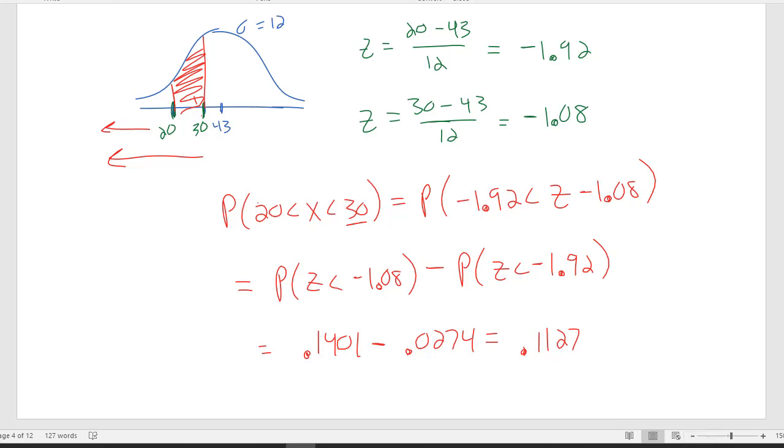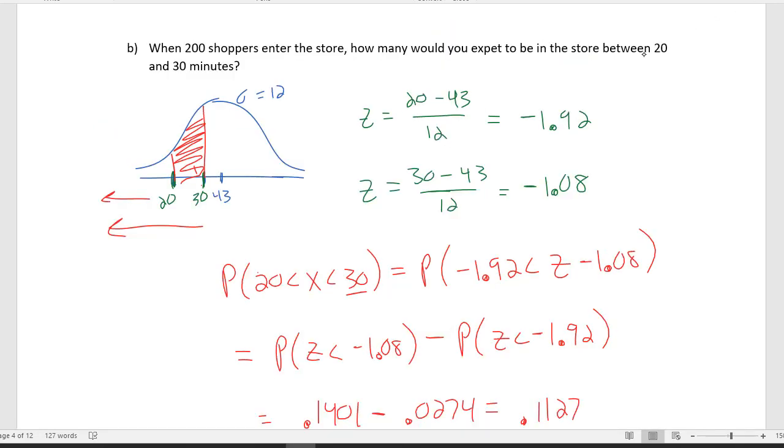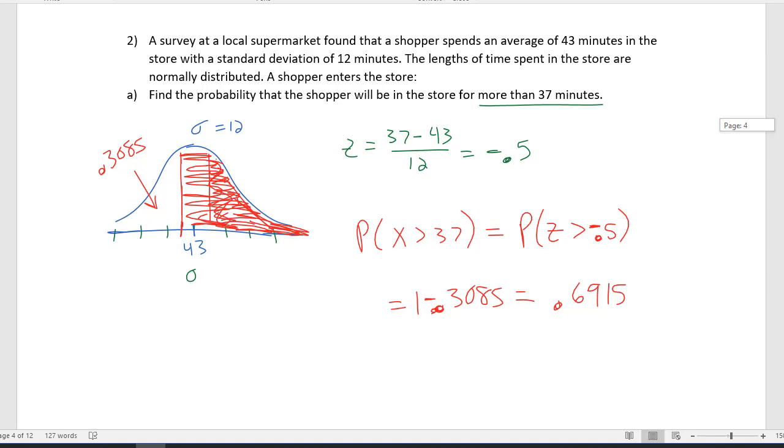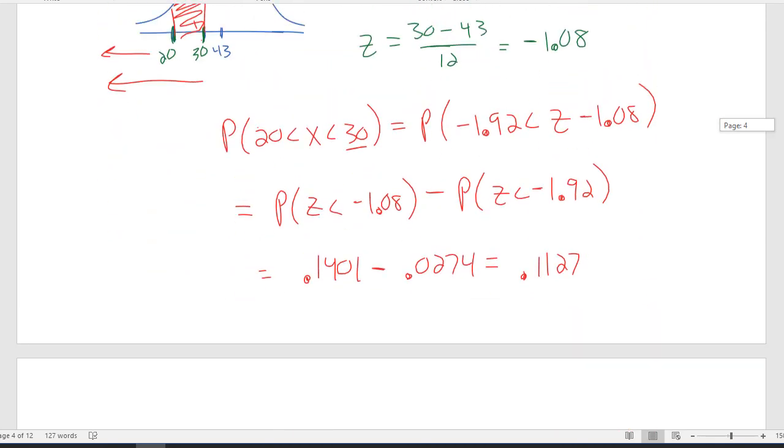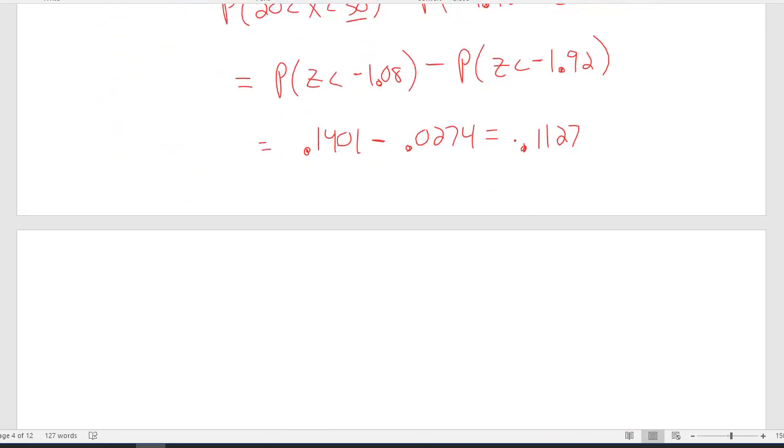Now this question asked me, out of 200 shoppers, how many would I expect to be in the store between 20 and 30 minutes? So just scrolling back up to look at the verbiage, with 200 shoppers entering the store, how many would I expect between 20 and 30 minutes? This digital board doesn't always like me. So this is my percentage, 0.1127. Well, 11.27% is how we would interpret that.